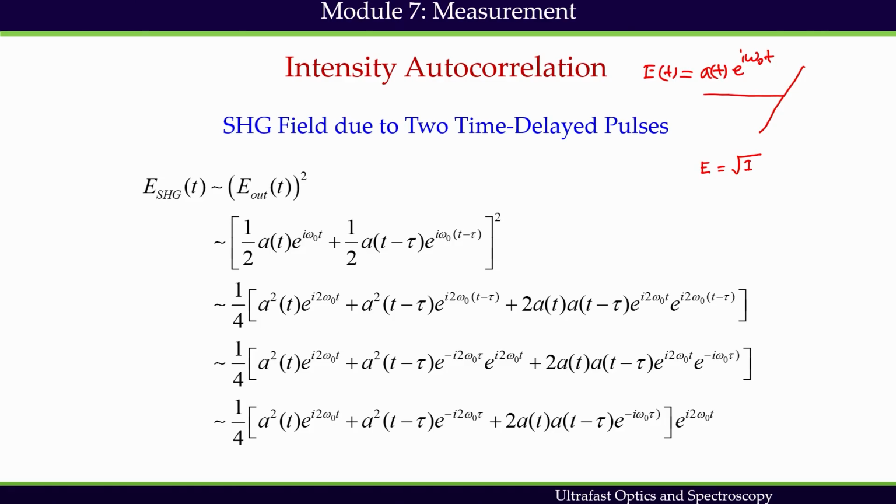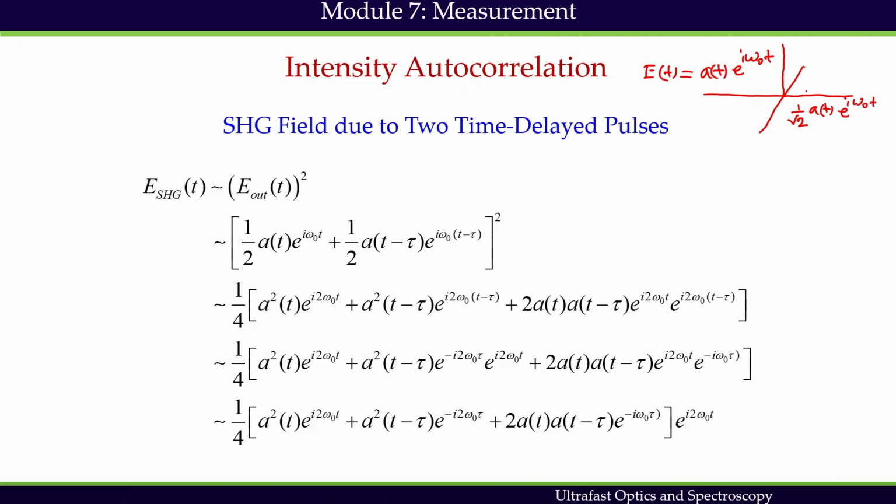And that's why the reflected beam and transmitted beam can be represented as 1 by square root 2 A(t) e to the power i omega naught t.